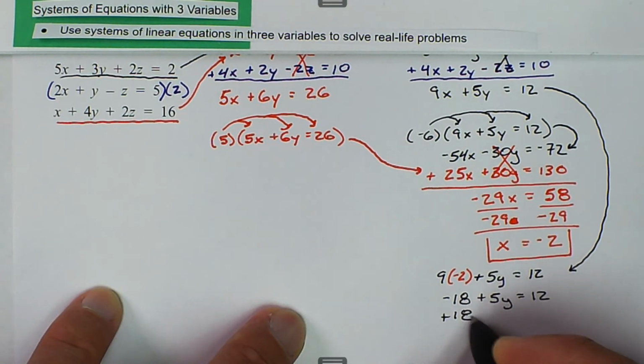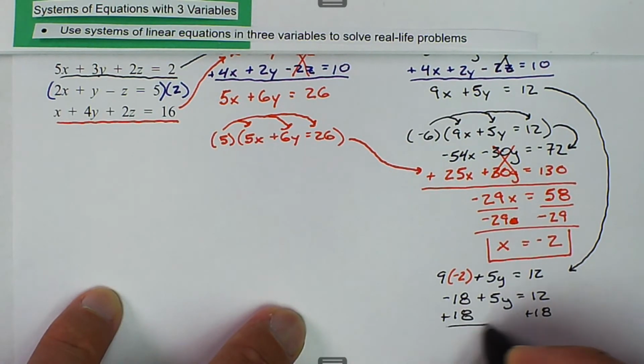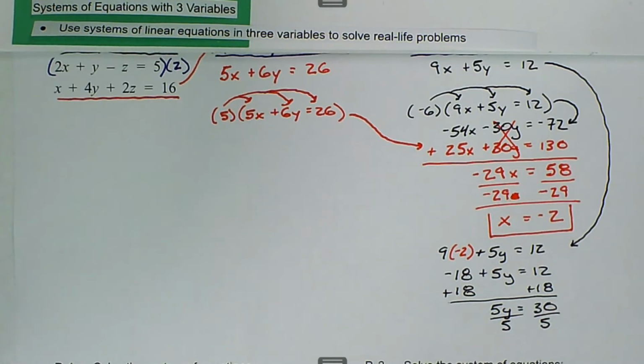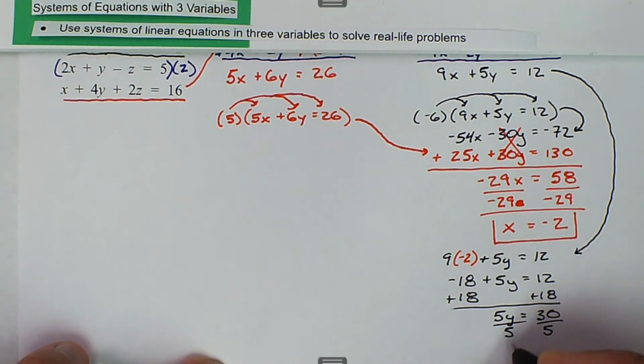So we add 18 to both sides. And then we get 5y is equal to 30. And divide by 5. And then we get y is equal to 6.